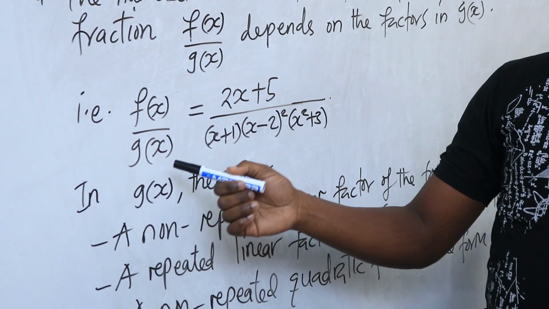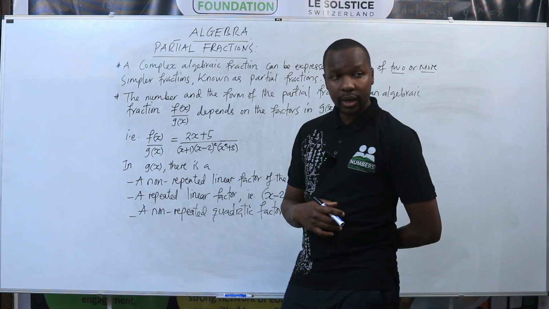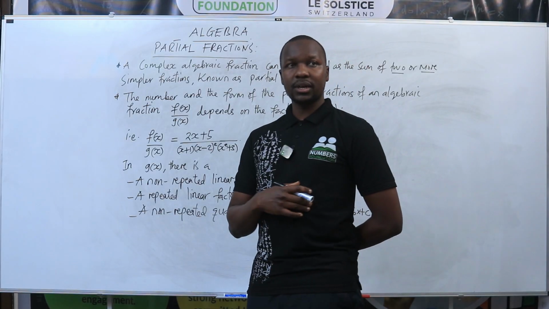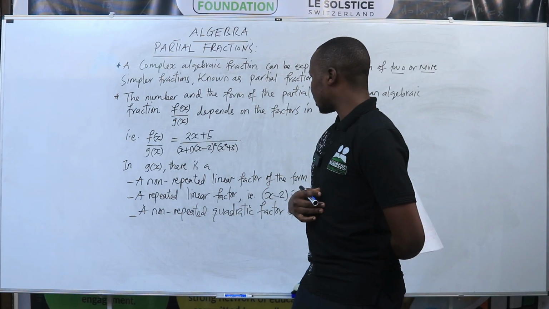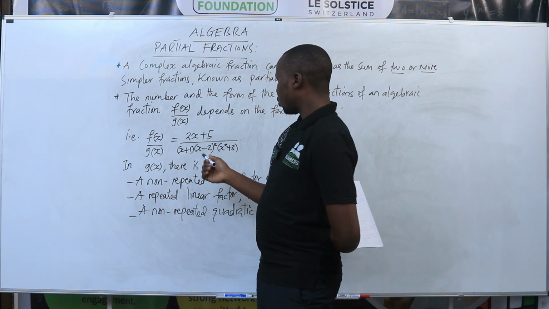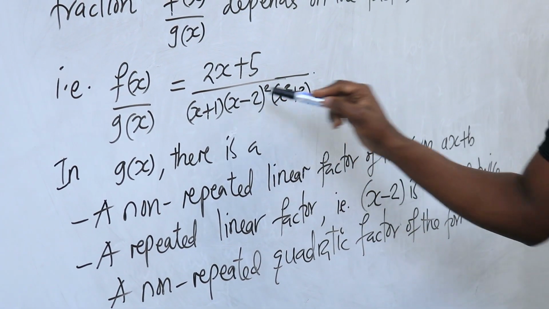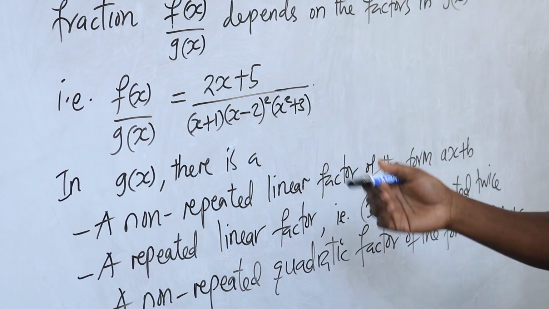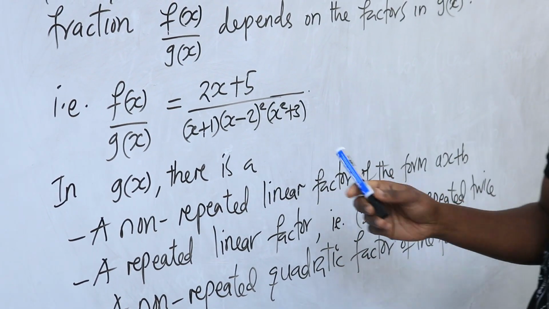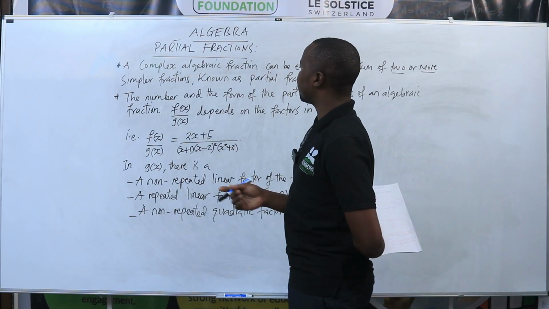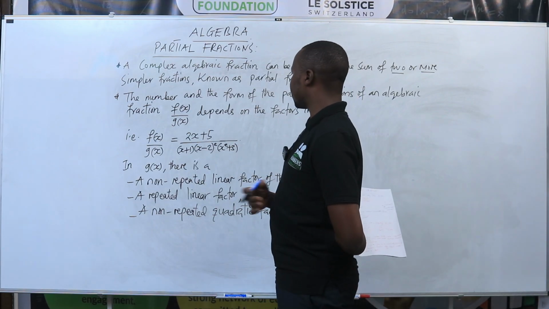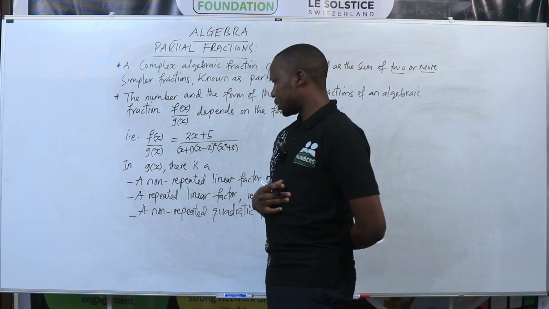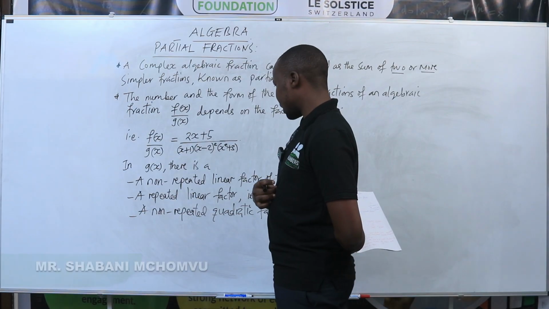In the denominator expression, where we have factors that are linear, repeated, or quadratic, we can use that concept to express these complex algebraic fractions in different forms connected by the operators, either plus or minus.